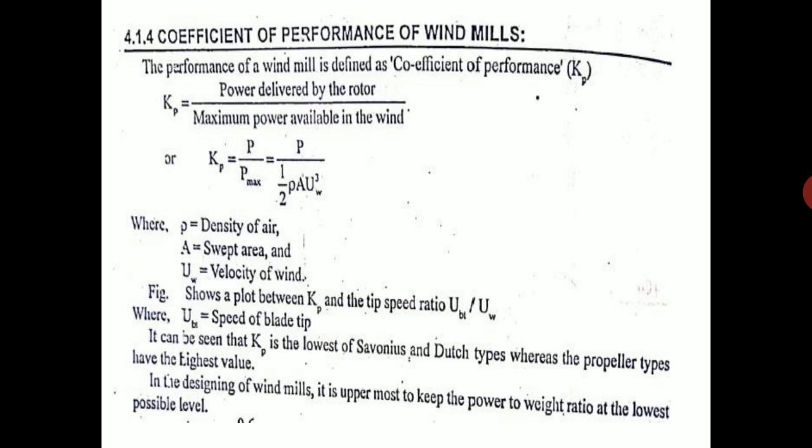So the relation for the maximum power which can be developed is P max equals 1 by 2 rho A V cube, where rho is the density of the air that you will calculate based on the temperature of the air, A is the swept area of the turbine, and V is the velocity in meters per second.